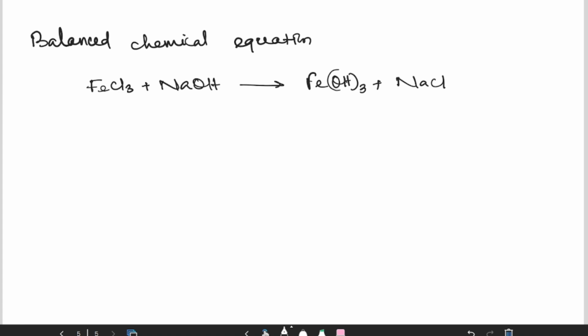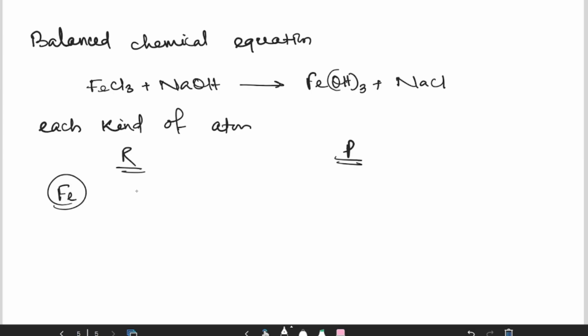How do you know that this equation is not balanced? Just count each kind of atom. This is the reactant side, this is the product side, right? If I am talking about iron, that is Fe, how many are there on the reactant side? 1, and on the product side also 1.